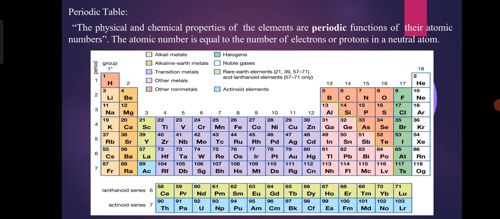The atomic number is equal to the number of electrons or protons in a neutral atom. All the physical and chemical properties of elements are related to this atomic number.